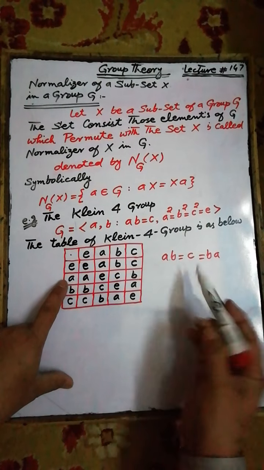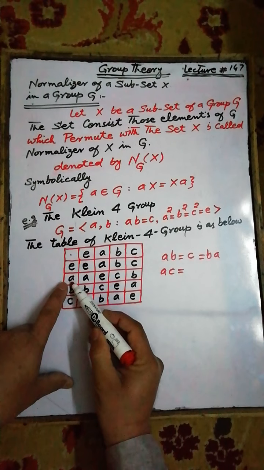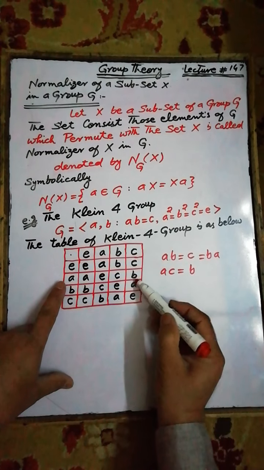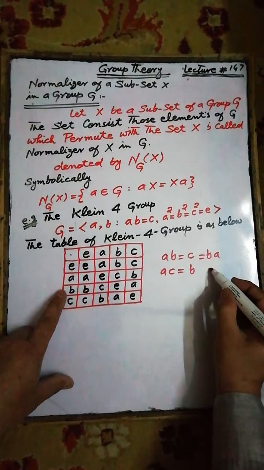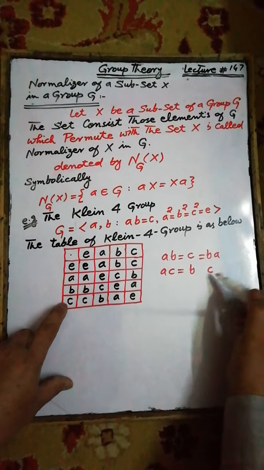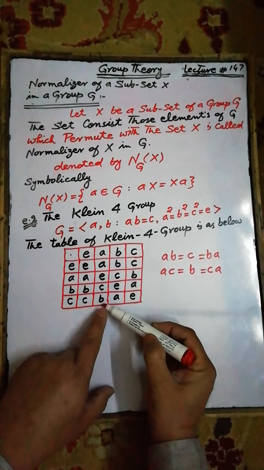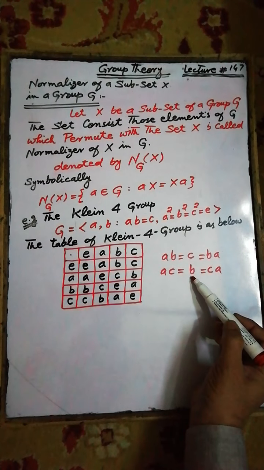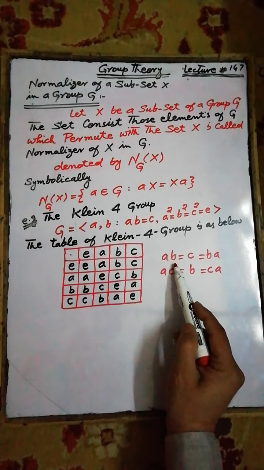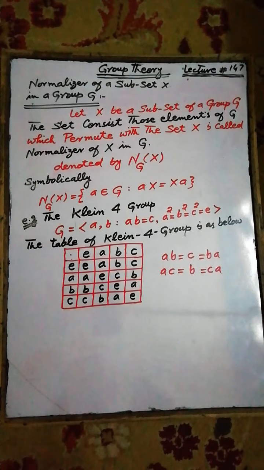Also when we operate the element A to the element C, the result is equal to an element B, and when we operate the element C to the element A, the result is also equal to an element B. That is, the commutative property with respect to the given binary operator is satisfied in the elements of this set.